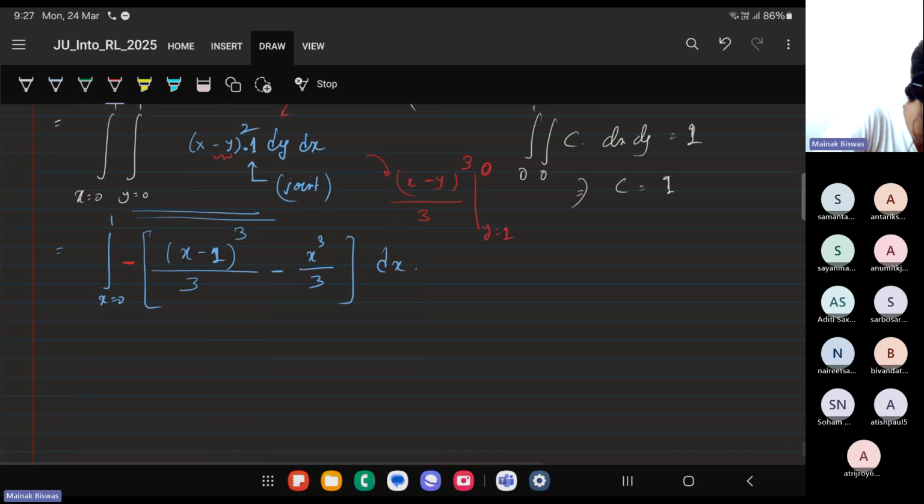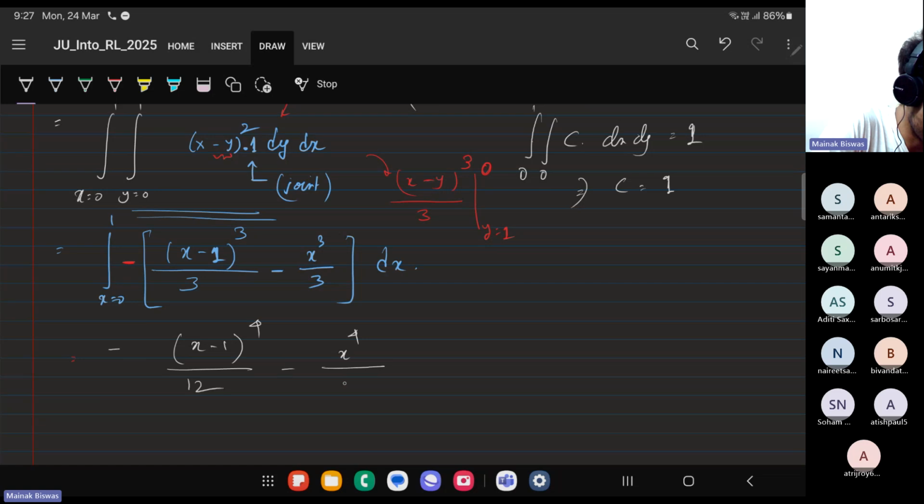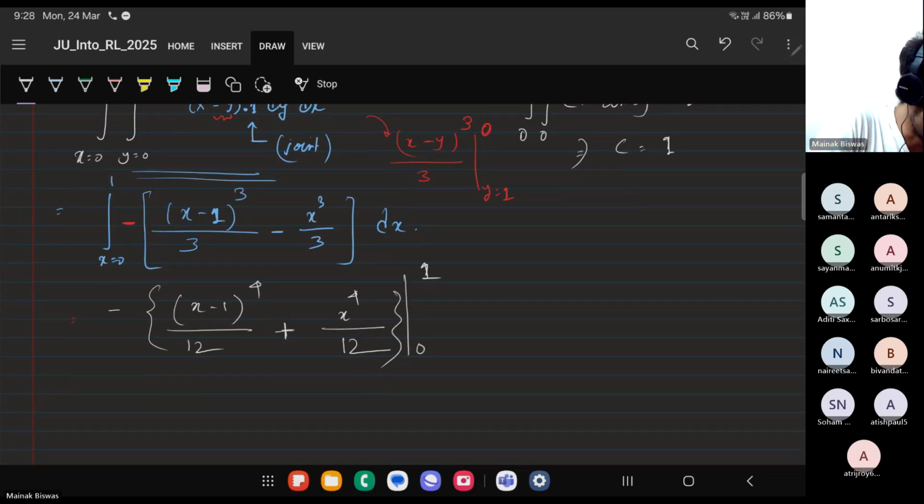Once I put this in, I'll integrate out x. I'll get minus (x minus 1) to the power 4 by 12 and minus x to the power 4 by 12, between 0 and 1. Just check if I am doing the calculations correctly.